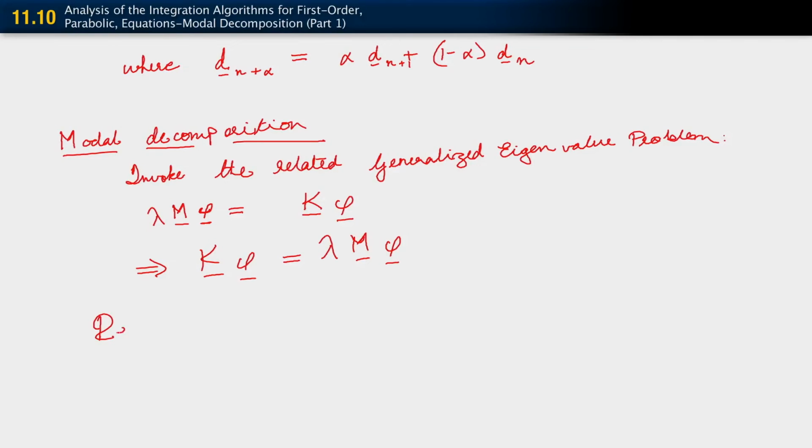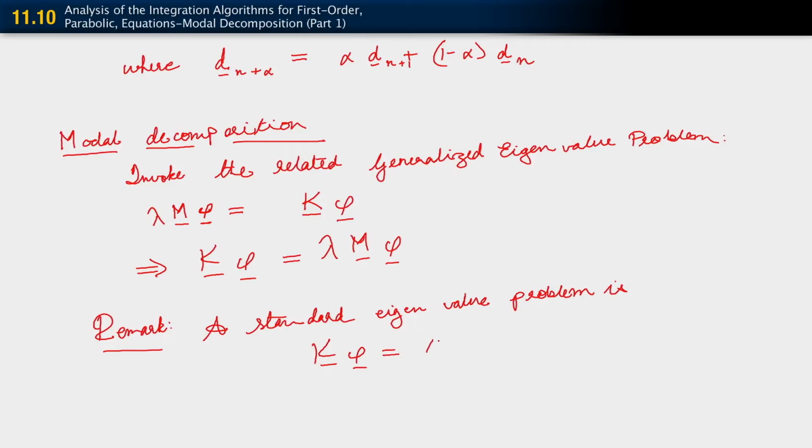A remark is, a standard eigenvalue problem would be of the form k phi equals lambda phi.